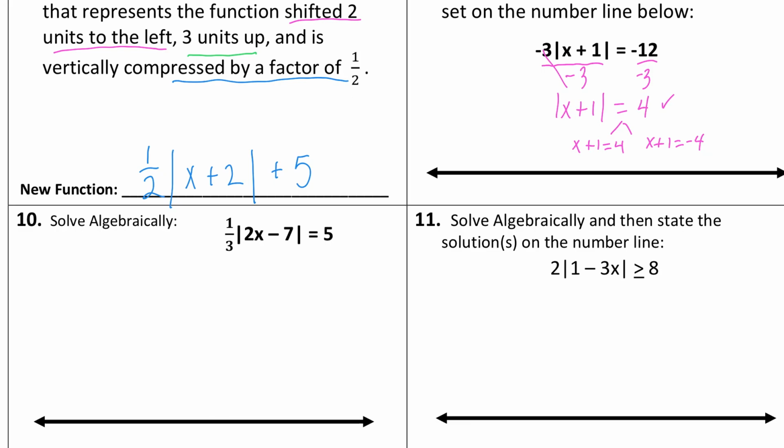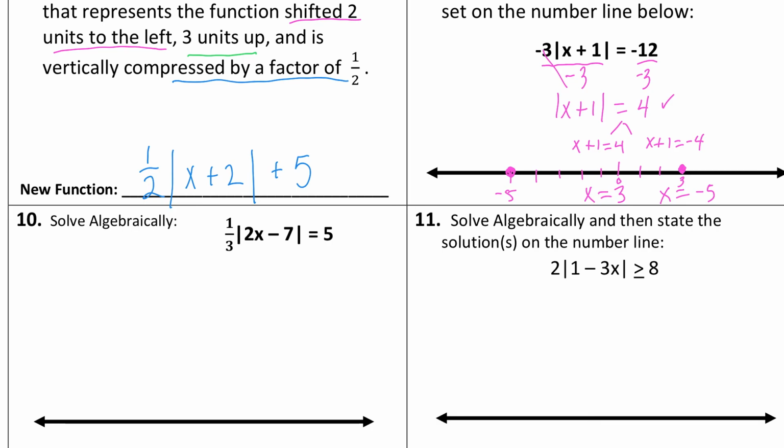So I'm going to write it below here. If I subtract 1 here, this would be x equals 3. If I subtract 1 here, that would be x equals -5. So if I draw that on my number line, let's say this is 0, 1, 2, 3, I would have a point there, and then -1, 2, 3, 4, 5, I would also have a point at -5.